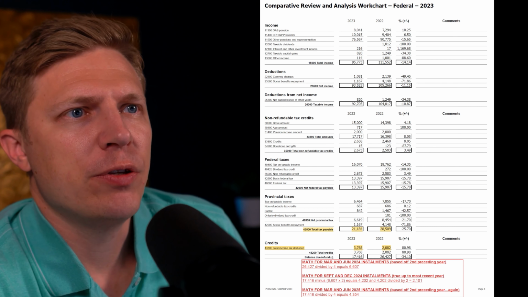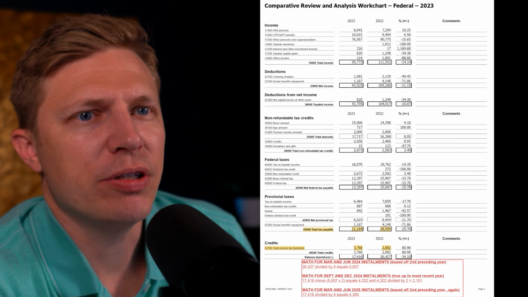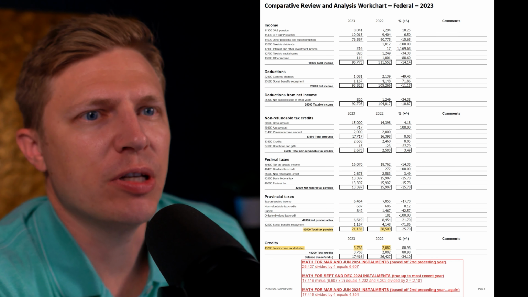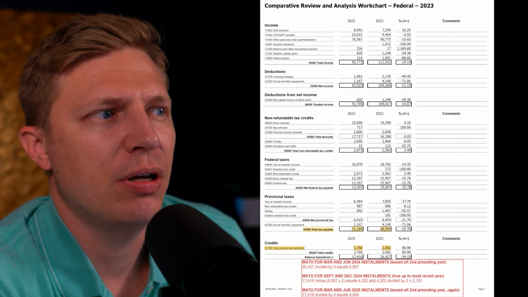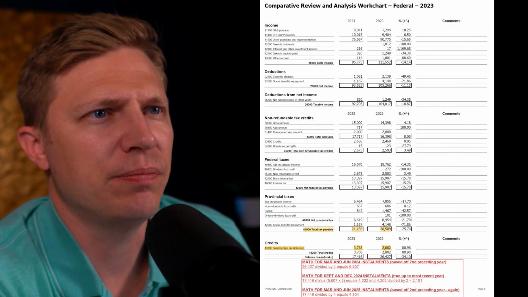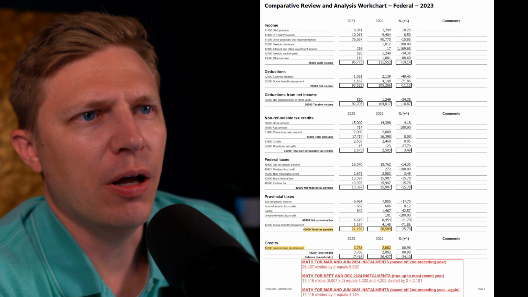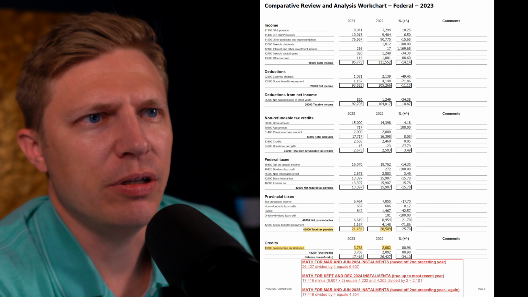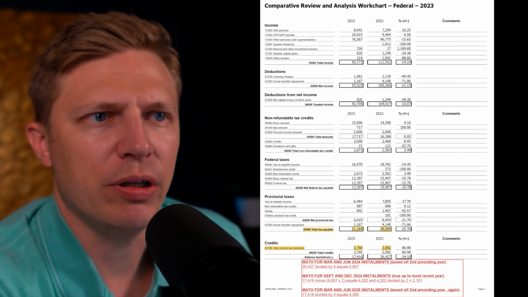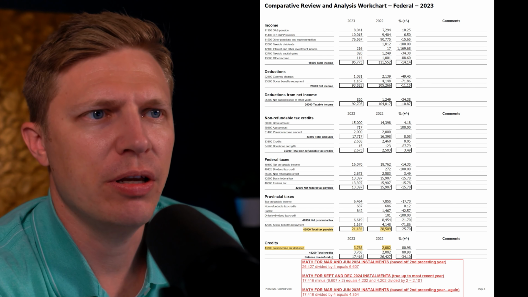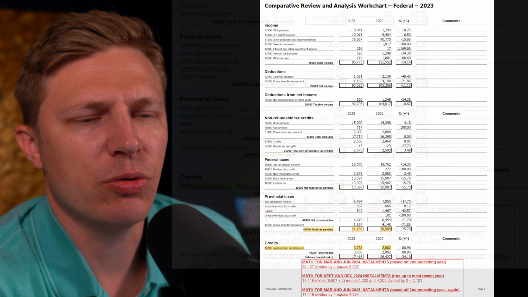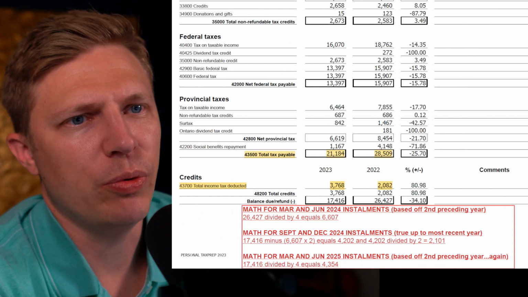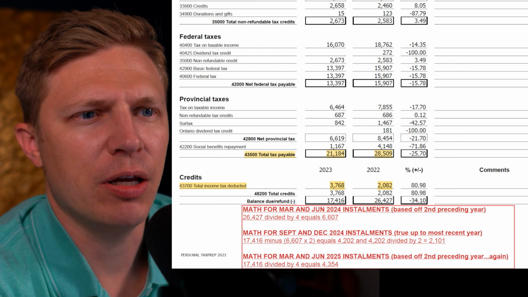Okay, so basically what we have here is a side-by-side comparison of someone's 2023 tax return and their 2022 tax return. Now, the source of the income is not really that important for the video today. What I really want to focus on is toward the bottom, where we see what the actual tax liability is.